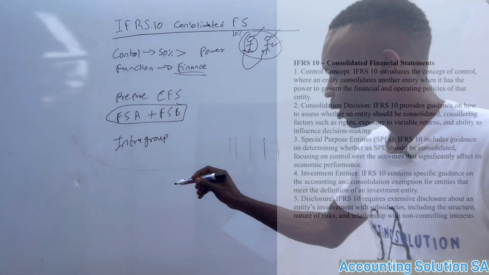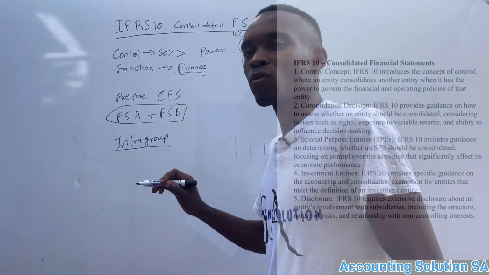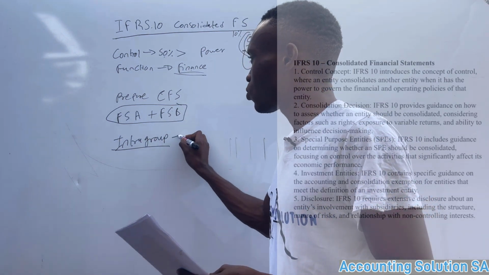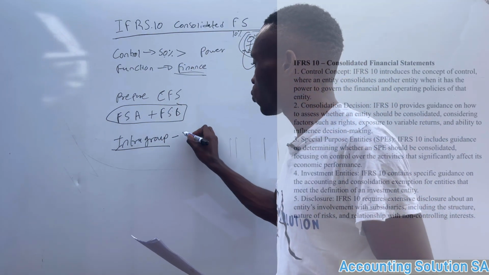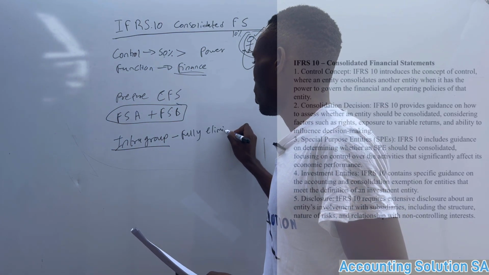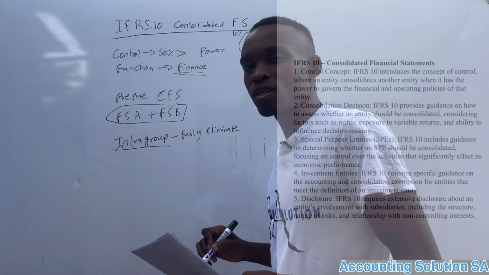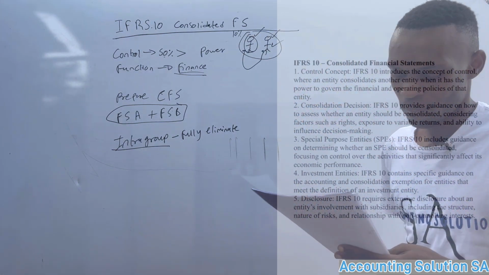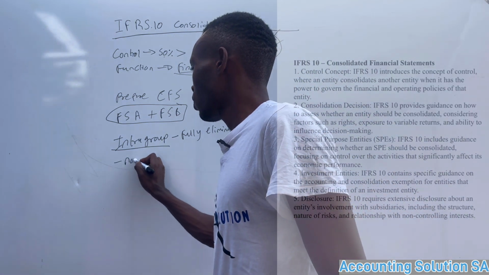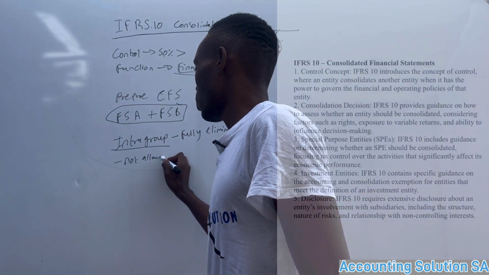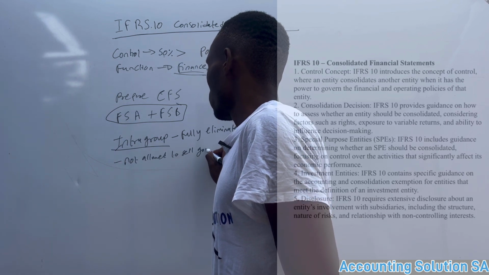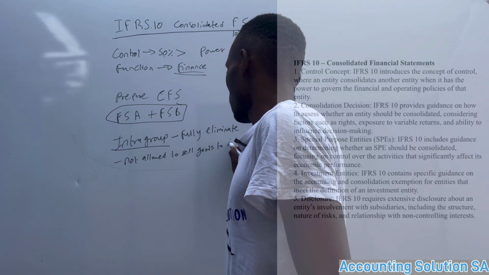Once you find an intragroup transaction, or a transaction inside the group, what you need to do under IFRS 10 is fully eliminate the profit or the difference. Number one, you are not allowed to sell goods to each other.